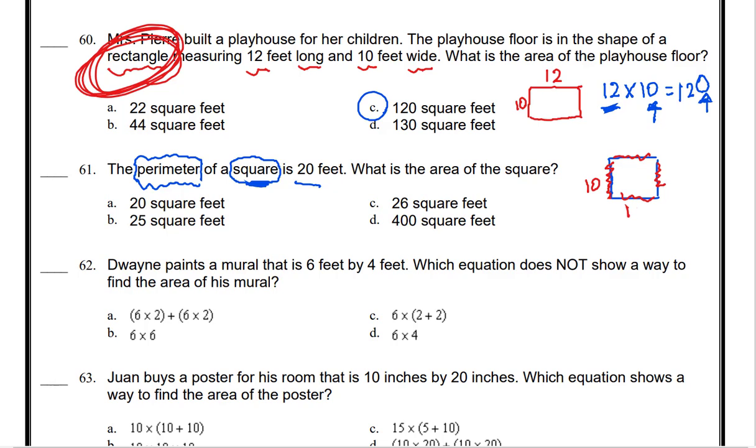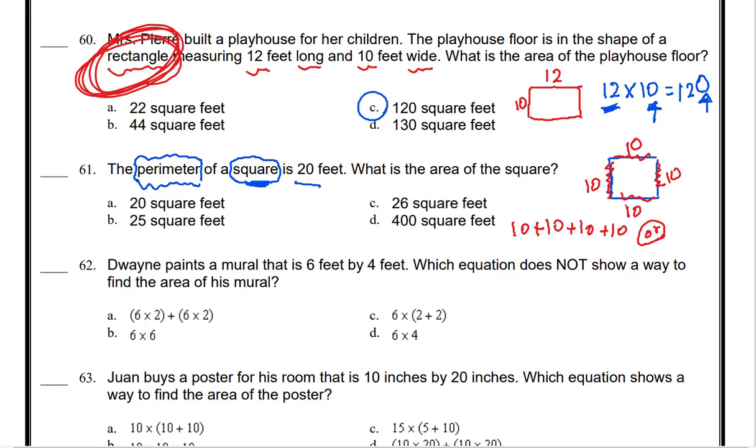So we can say 10 plus 10 how many times? Or simply multiply by 4, right? 4 times. So 10 plus 10 plus 10 plus 10, or 10 multiplied by 4.